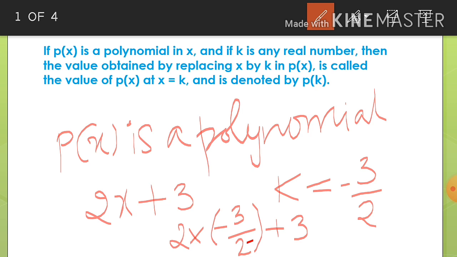After cancelling 2 and 2, we'll get minus 3 plus 3. Again, if it is cancelled, we'll get the answer 0. So now the value of the polynomial at x equal to minus 3 by 2 is 0. This is called the value of a polynomial.